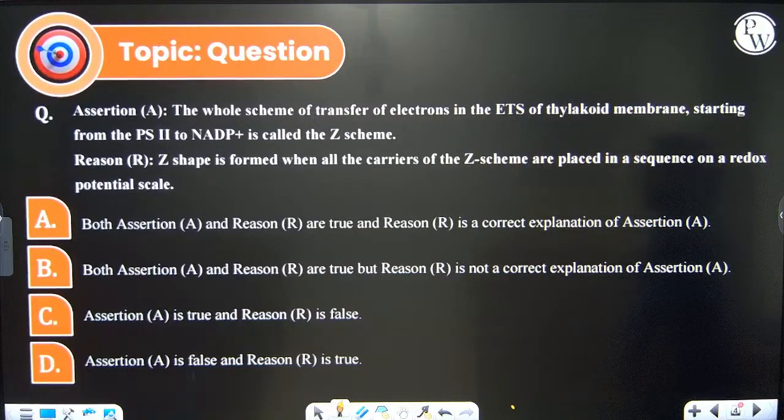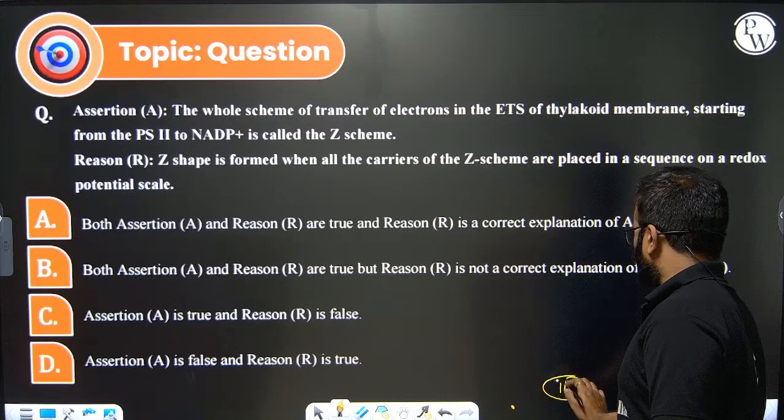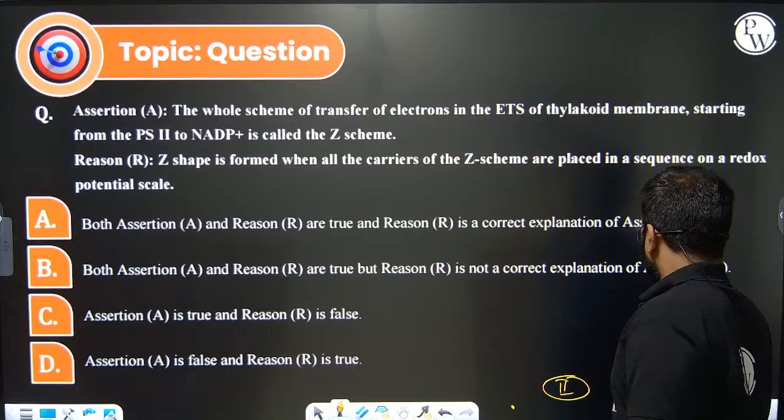The whole scheme of transfer of electrons in ETS of thylakoid membrane starting from PS2 to NADP plus is called as Z scheme. So this is your photosystem 2, this is your photosystem 1.